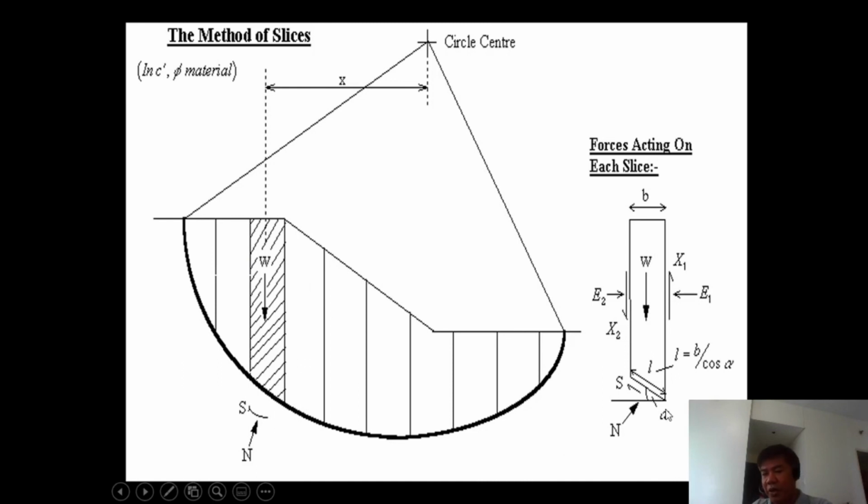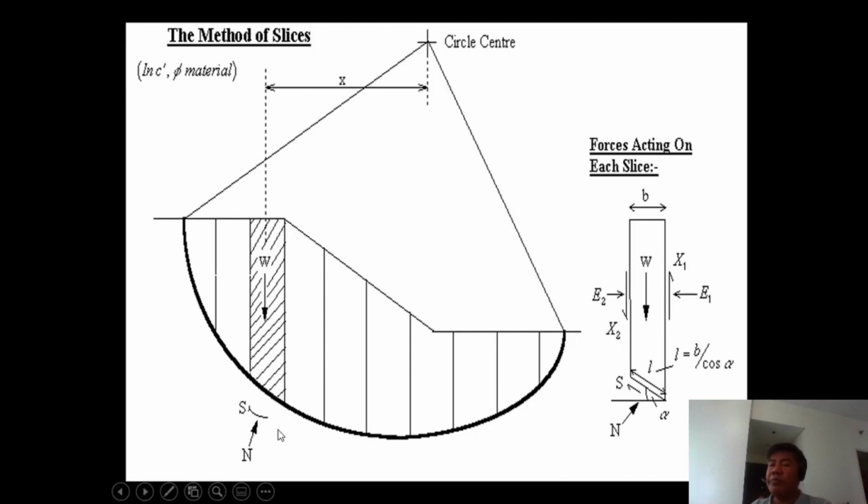Then of course this one is a curved area which has an angle, this sloping curve. So you also have the tangential and the normal force as a result of the soil reaction.